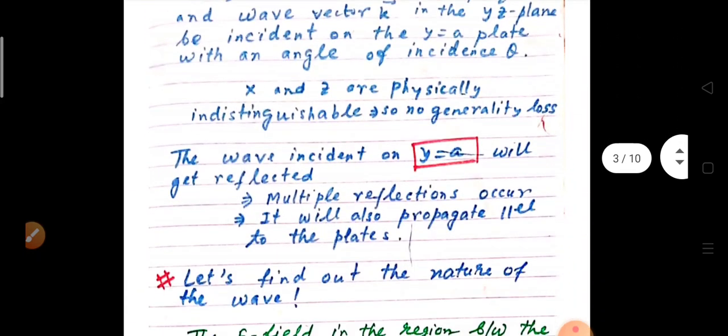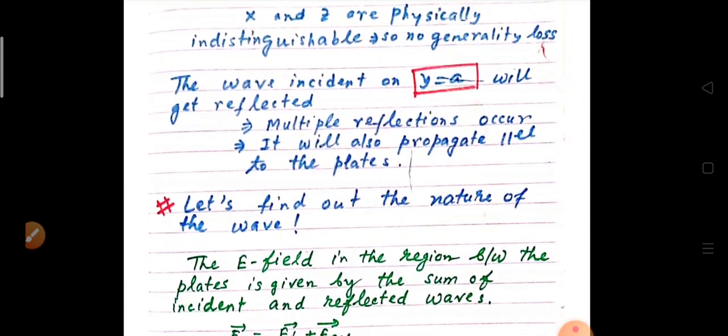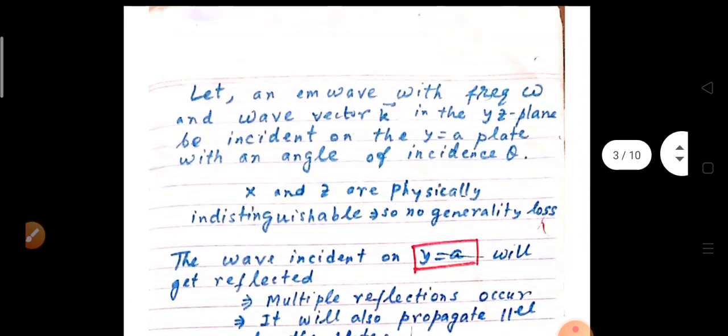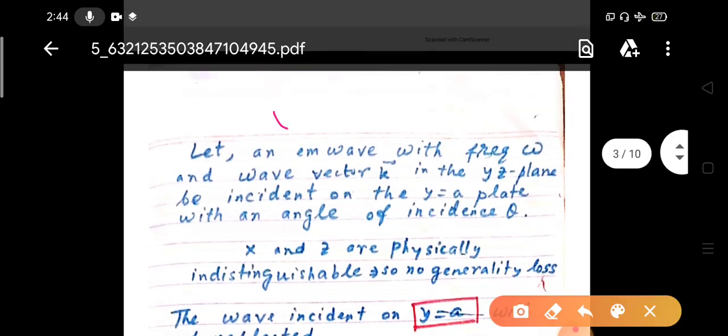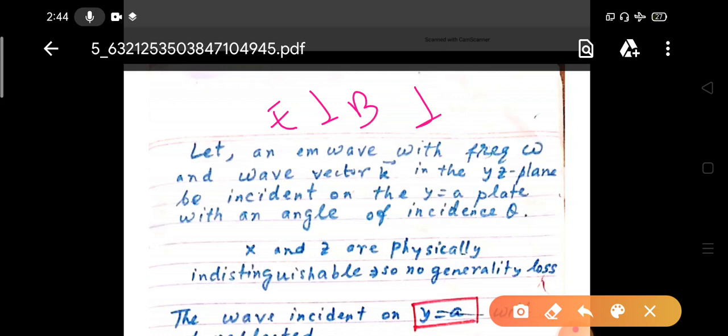Before describing, I want to tell you that we first have to remember that whenever we are confining the electromagnetic wave within a boundary, then we know the transverse electromagnetic wave in free space: the electric and magnetic fields are perpendicular to the direction of propagation, that is, E is perpendicular to B is perpendicular to k.